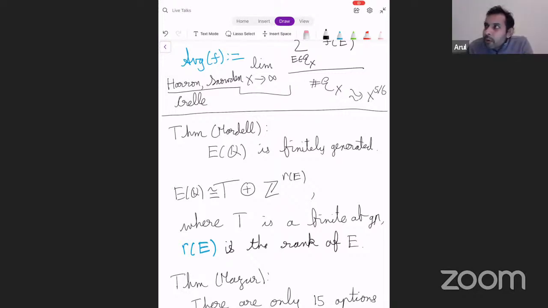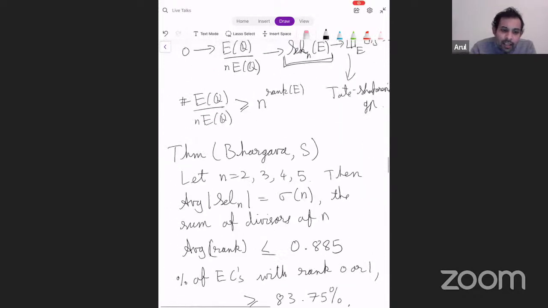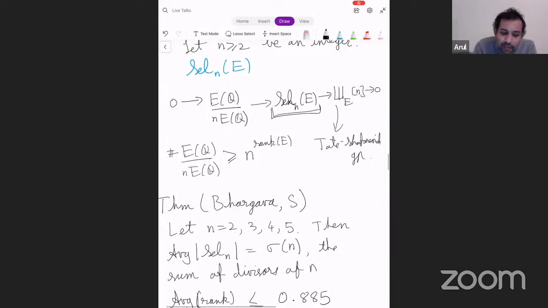That's a beautiful question. There are heuristics of Delaunay that model how Sha should behave. We know how the Selmer group should behave, but there are also heuristics that model how this entire exact sequence behaves.